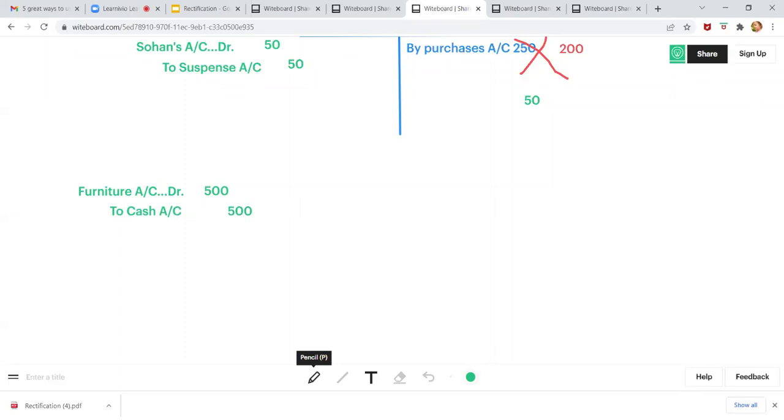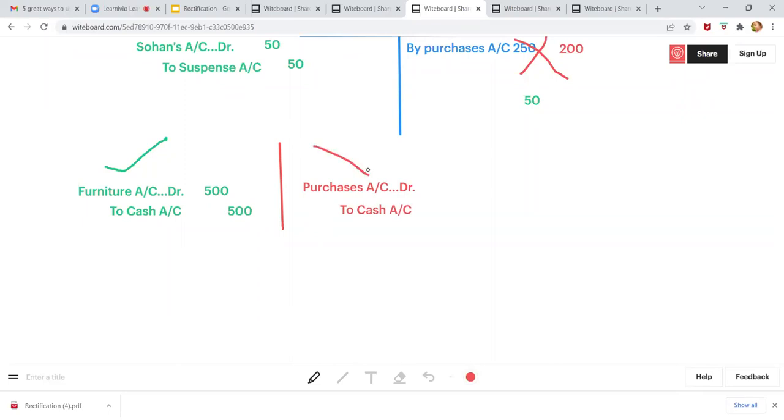So this is the correct entry. But by mistake, what was written? There was the entry as purchases account debit to cash account credit, right?